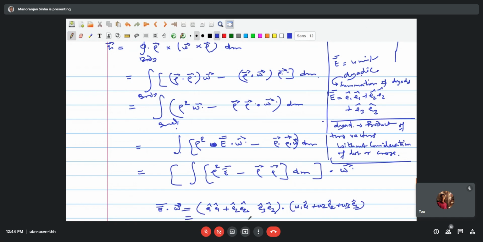And if you take the dot product, you will see that this is nothing but omega 1 E1 cap plus omega 2 E2 cap plus omega 3 E3 cap. So this is nothing but omega. Once you multiply any vector with a unit dyadic, it remains intact. And therefore using this technique, this omega we have replaced by E double bar dot omega. And therefore this dot product later on we have been able to take it outside and put it here this way.